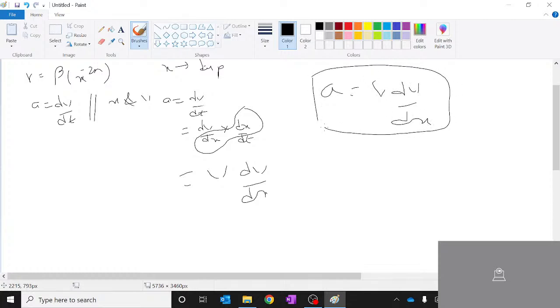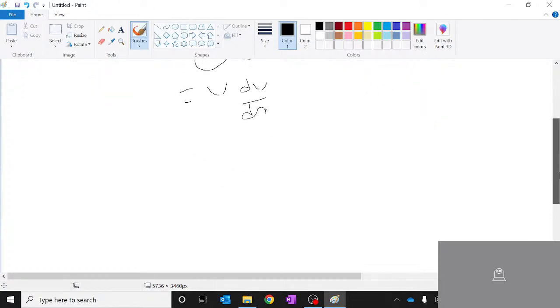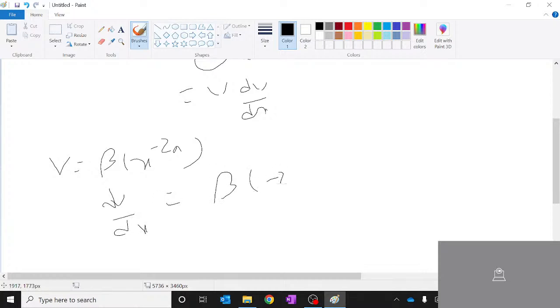Remember this. You differentiate v with respect to x and then multiply with v to find the acceleration. So v is beta x to the power minus 2n. Now dv by dx is beta times minus 2n, x to the power minus 2n minus 1.